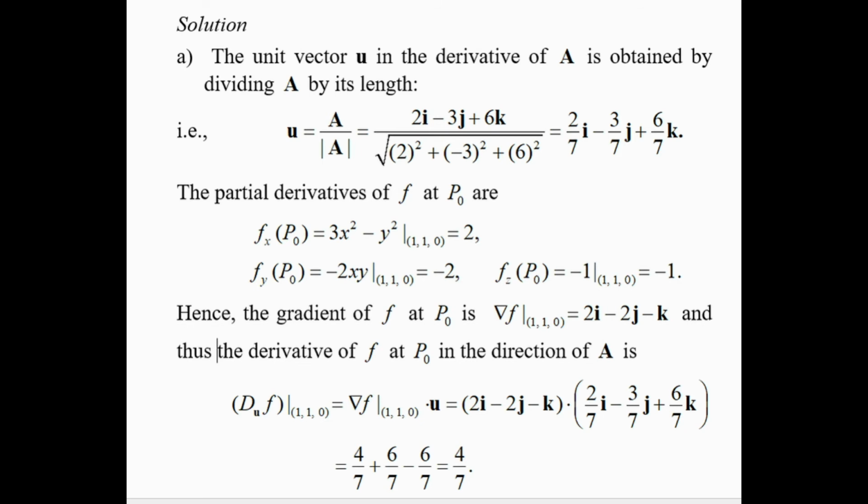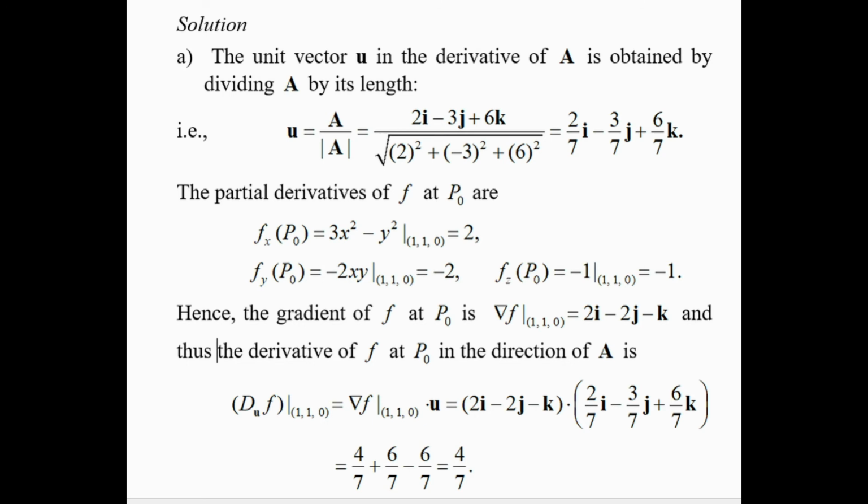And also, in order to find the gradient of f, we find the partial derivative of f with respect to x, with respect to y, and with respect to z at the given point p naught. Those values are 2, negative 2, and negative 1.